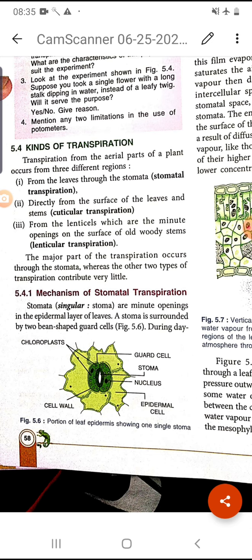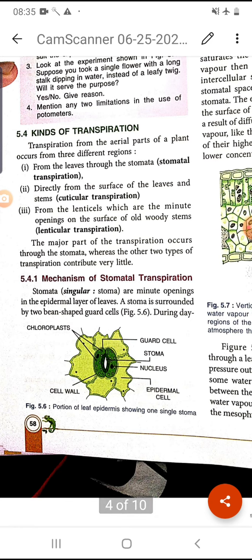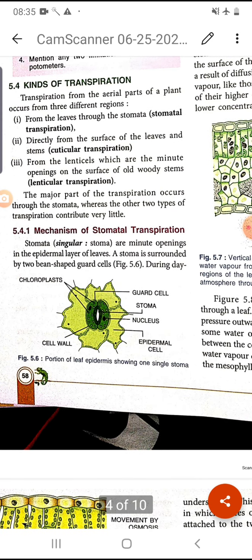Lenticels are very minute, microscopic openings on the surface of woody stems. The major transpiration occurs through the stomata, and through the other two processes very little transpiration occurs.